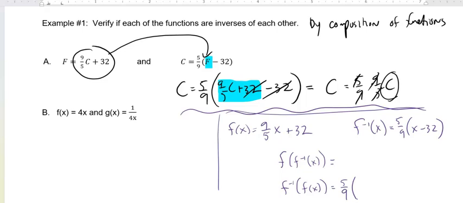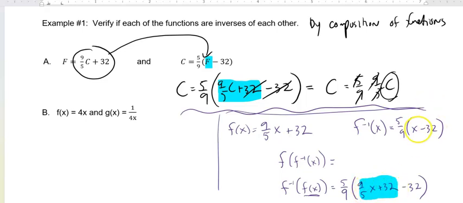I'm going to plug in the whole f of x into the input, which is 9/5 x plus 32, minus 32. That's the composed function. This is where x used to be: x minus 32.